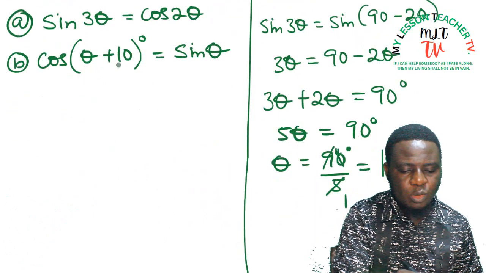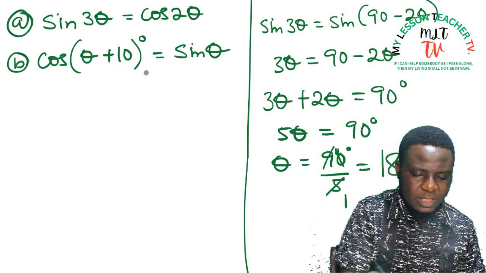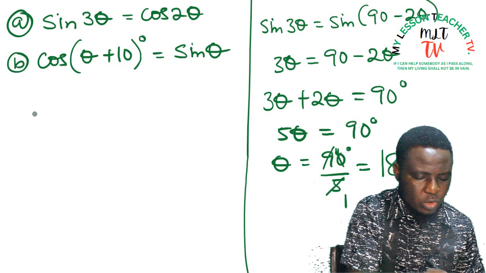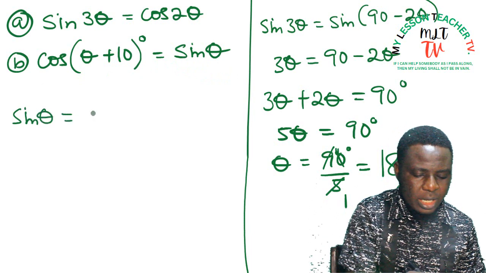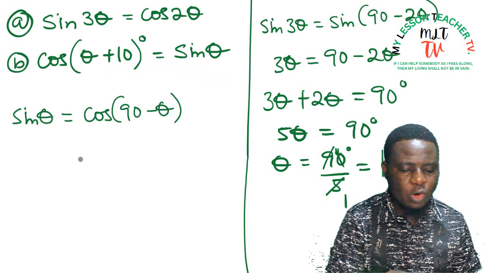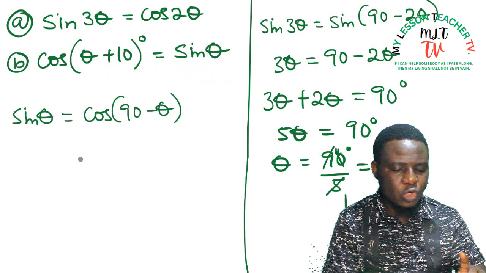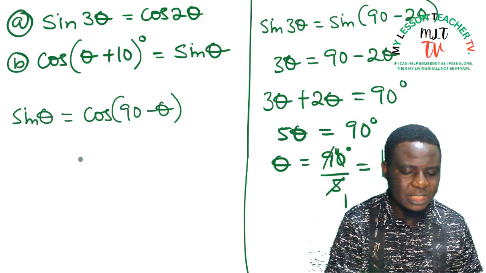B says cos theta plus 10 degrees is equal to sine theta. So if this is the equation, you can then start by saying sine theta is equal to cos into bracket 90 minus theta. Doing this, you are going to express this equation in terms of just sine theta or in terms of cos theta.